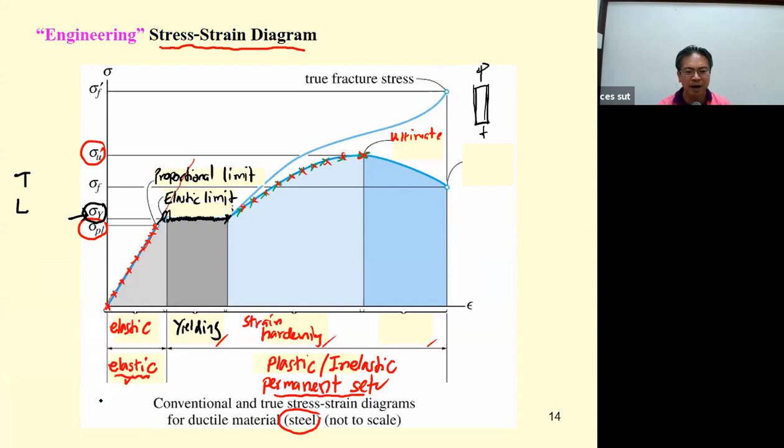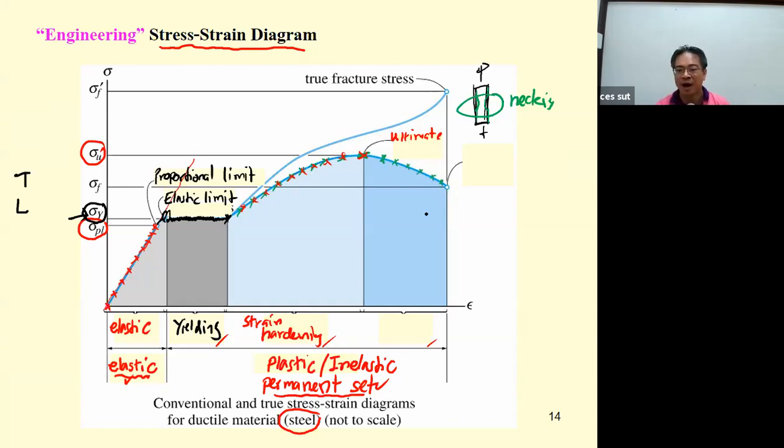However, when the stress passes the ultimate, you will have this kind of necking occur in the specimen. When the specimen has a smaller section, its ability to resist force also reduces, so this time the stress strain diagram will go down.